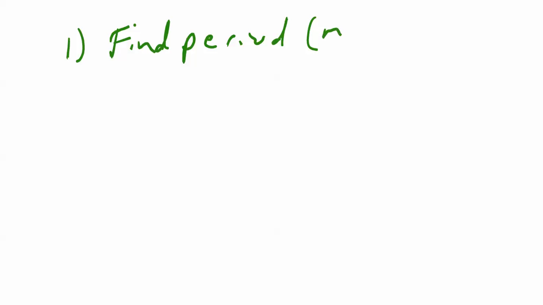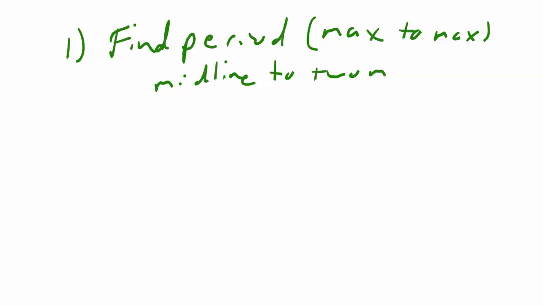So how am I going to write an equation then? Well, when I have the graph, the first thing I'm going to do is find the period. When I think period, I want to think max to max is one option, or midline to two midlines over, because it's going to hit the midline twice on the way.